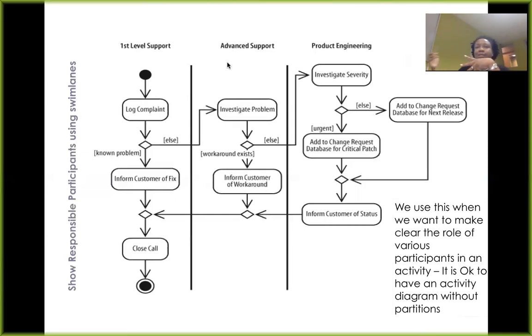So if you're designing a system and you say the system has a UI, a transaction manager, a registration manager, and a payment service or something like that, you can design the activity diagram so that the parts of the activity that have to do with a particular aspect of your system are illustrated very clearly, while the other parts are in other sections. These are called swim lanes. They use swim lanes to help indicate that.